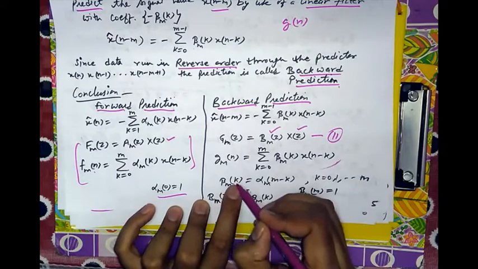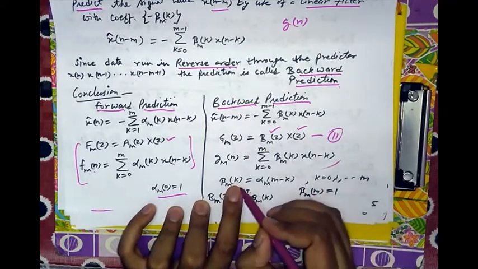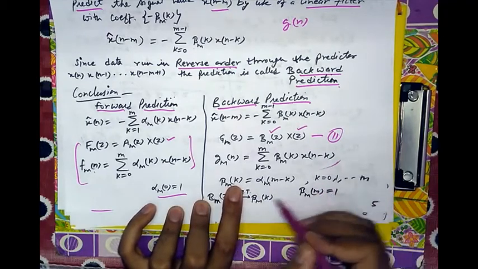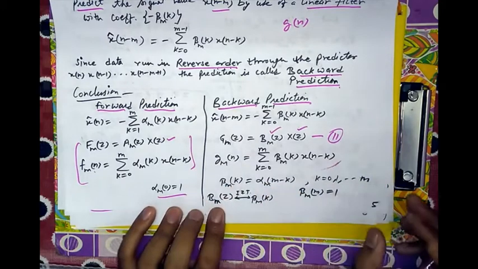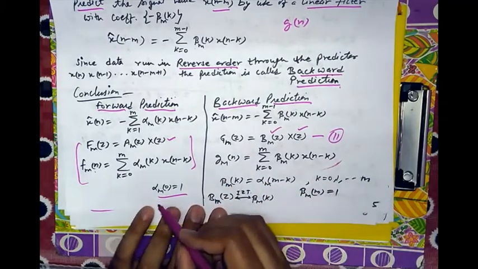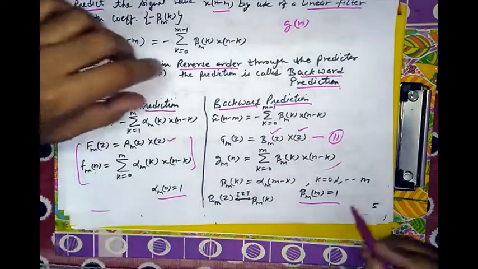Then beta m1 is equal to alpha m,(3 minus 1), which is alpha m2. Beta m0 is equal to alpha m3. Just reverse order. And again because alpha m0 is equal to 1, beta mm is equal to 1.